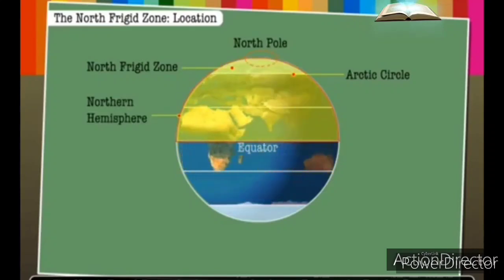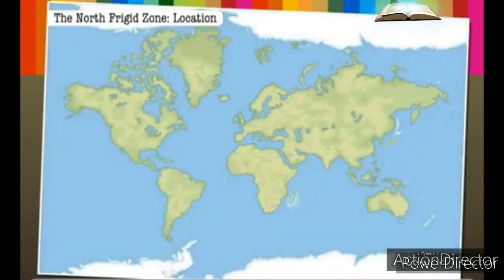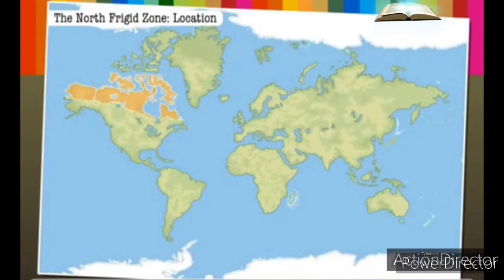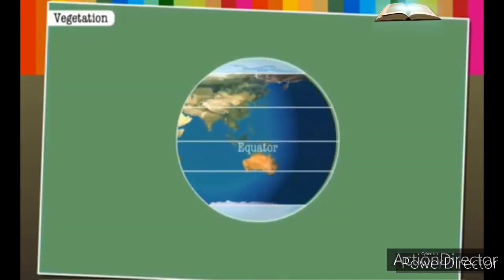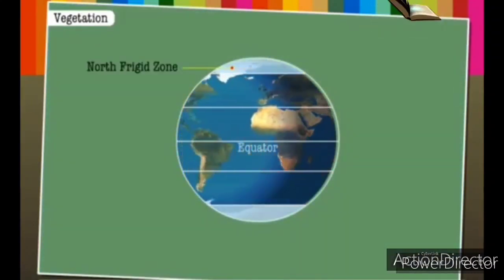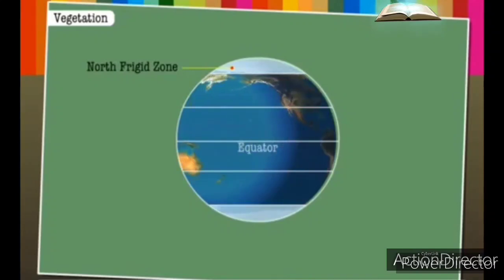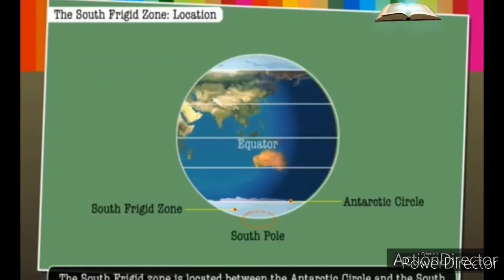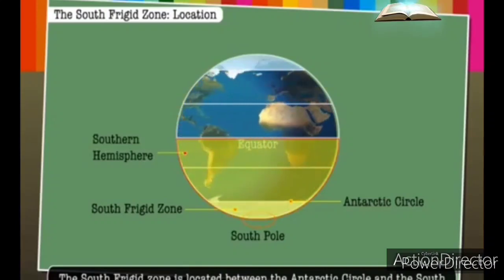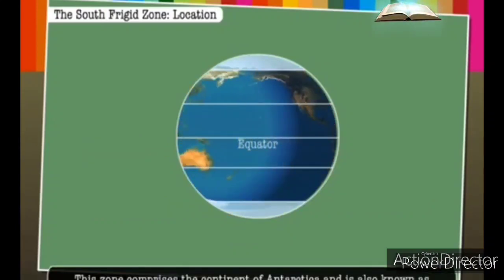The southern frigid zone is an unclaimed continent and is thus not considered as a nation. This region lies between the Tropic of Capricorn and the South Pole and remains frozen throughout the year.